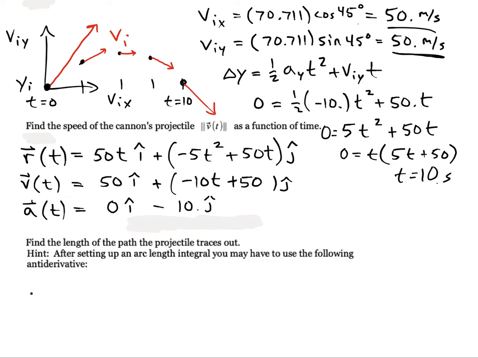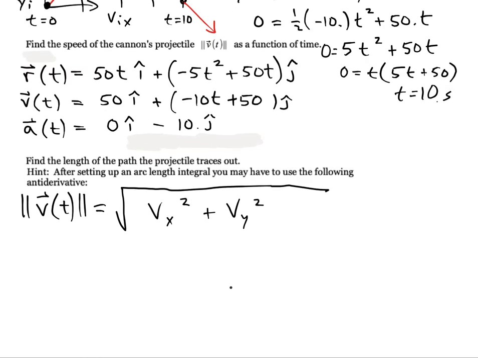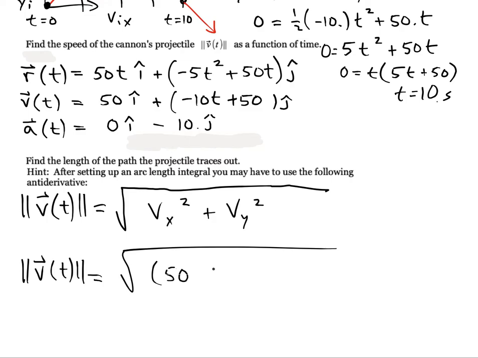To get the speed, you take the square root of the sum of the squares. Plug in your formulas that you got above: 50 squared plus negative 10t plus 50, squared.